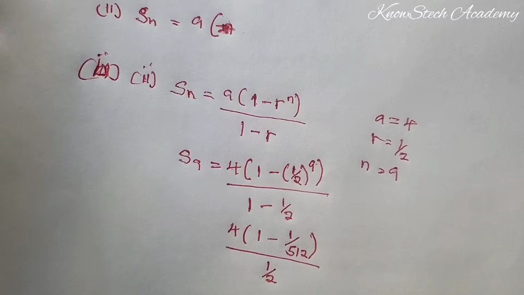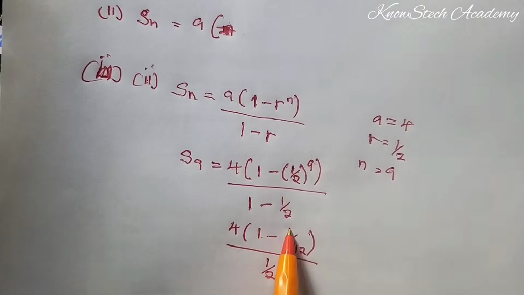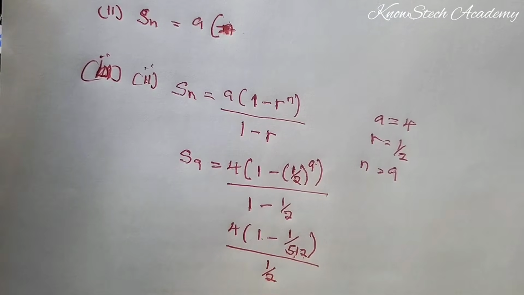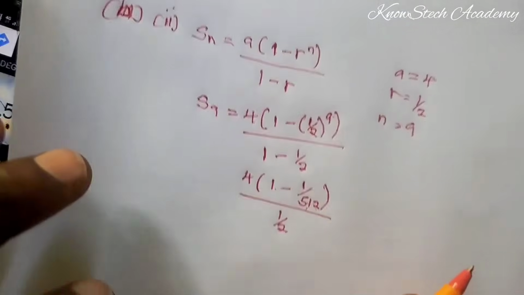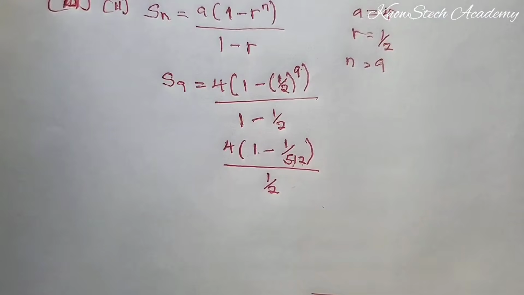Now, look at this. When you subtract here, this is 1 over 512. So you do the calculation, 1 minus this. Since this is paper 2, use a calculator to do everything.